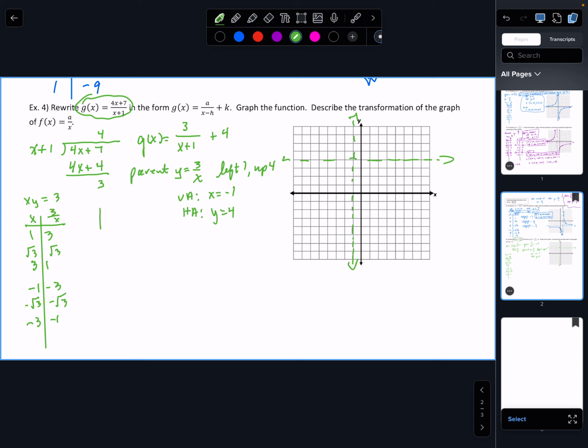So at this point, we can go ahead and translate them, so we can get the points that are actually on G. And by subtracting 1 from all the x's, you're going left 1. So subtract 1 from all the x values.